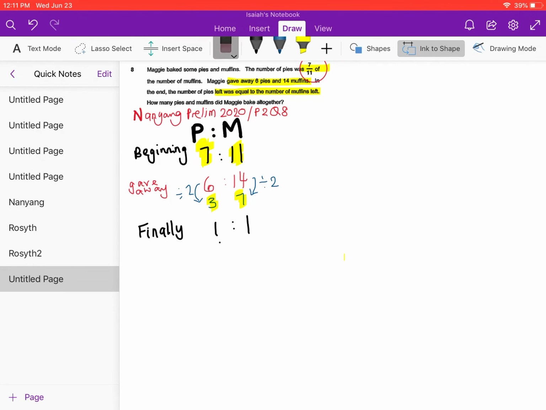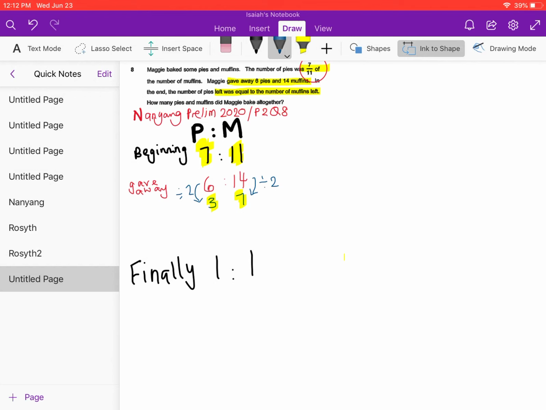Let me just write it here. Finally, now if I were to look at the numbers that were highlighted in yellow, at the beginning I have 7 units of pie.